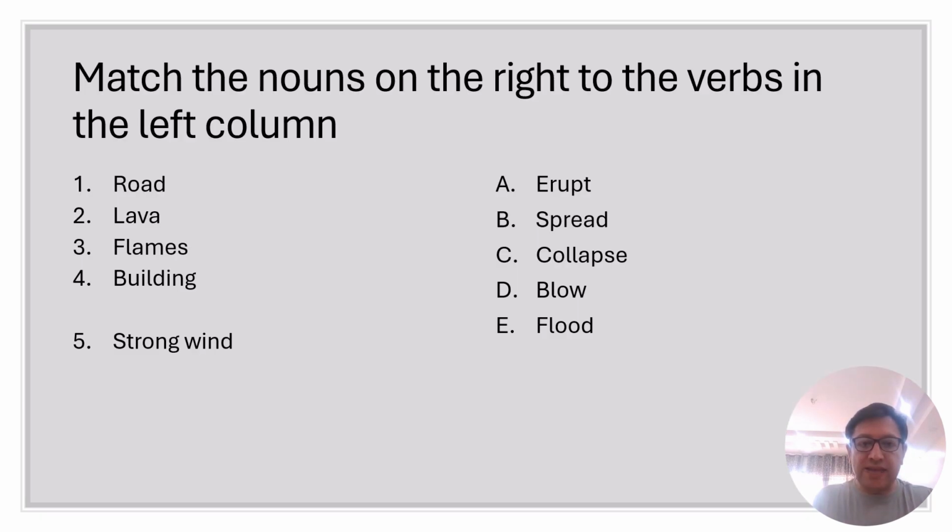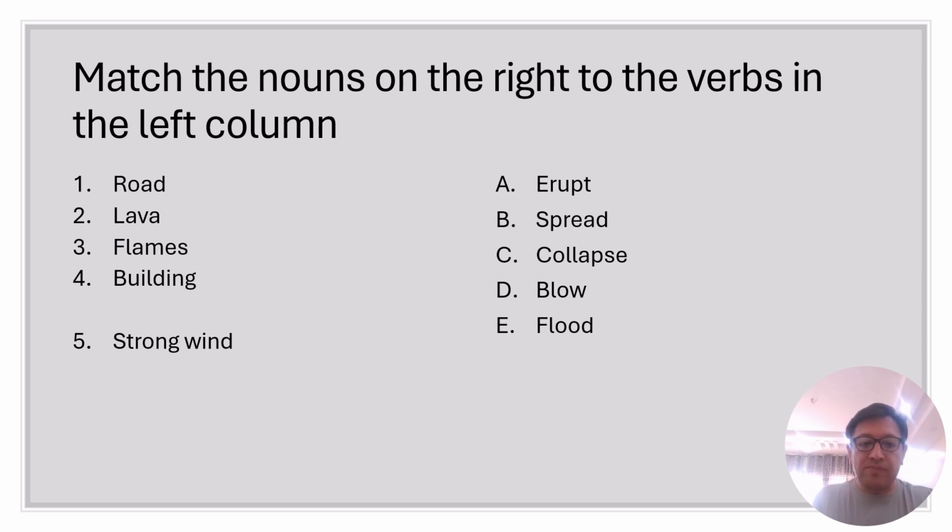All right. So the next activity: here in this part, you have some nouns on the left side, and to the right you have the verbs. They are about the natural disasters, but let's do them as verb and noun combinations.